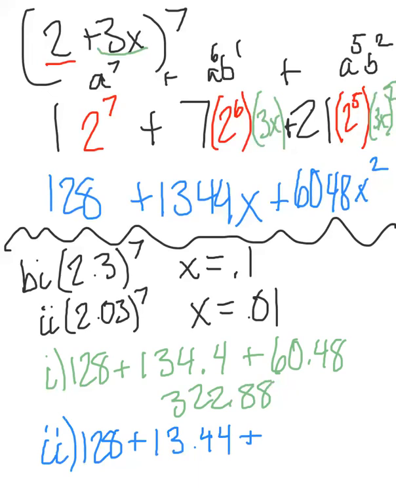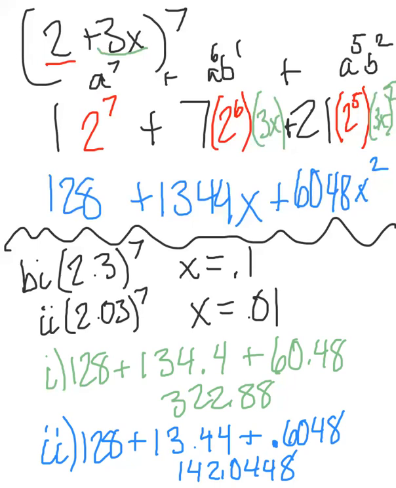Therefore, we're moving 4 decimal places, so this becomes 0.6048. When you add all these together, this becomes 142.0448.